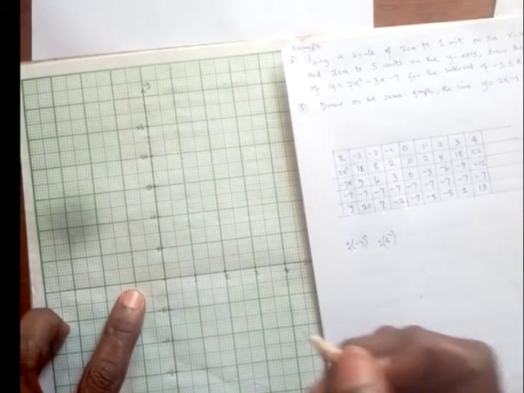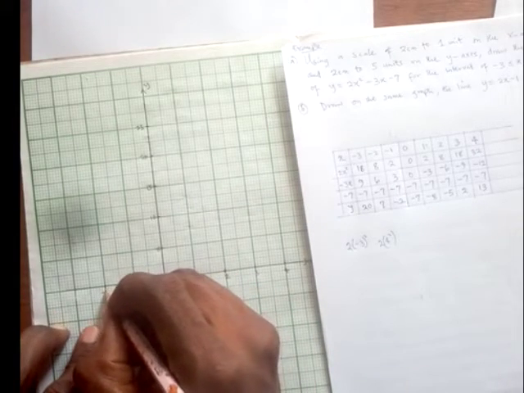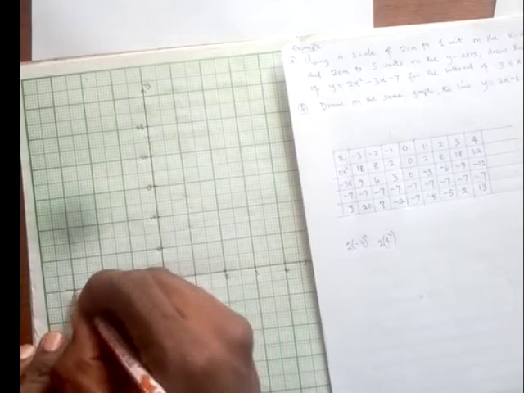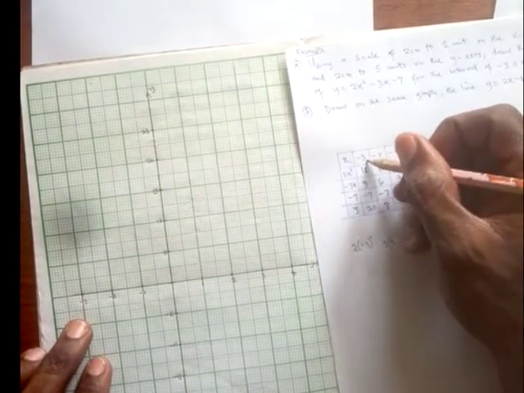For your negative x-axis, you have -1, -2, -3. So when x is -3, y is what? 20. X is -3, y is 20.